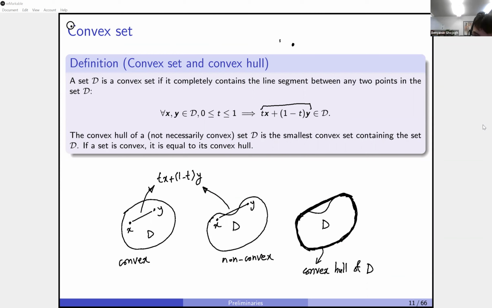Let's consider 2 points, X and Y. A point on the line connecting X to Y is tx plus (1 minus t)y, where t is between 0 and 1. Why? If I put t to 0, this term is 0, this becomes y.